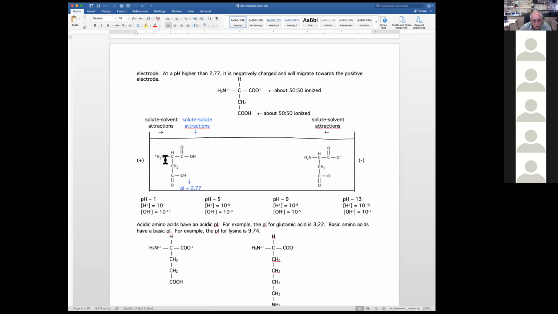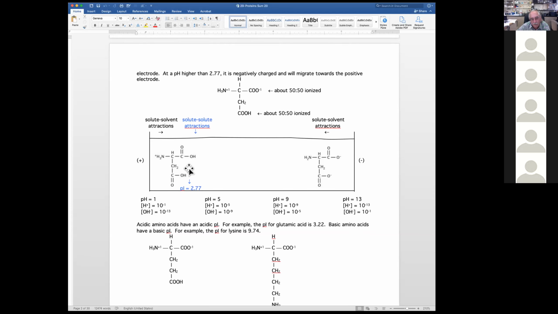So if I put it here, it's going to migrate that way. If I put it over here, it's going to migrate this way. It's going to focus at the pH, called the PI, where there's no net charge. So you're concentrating the amino acid at this place in the device.